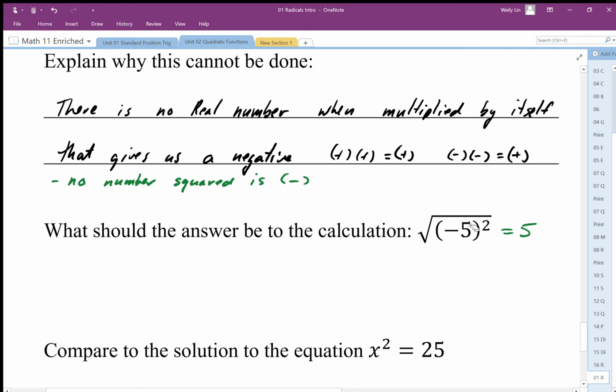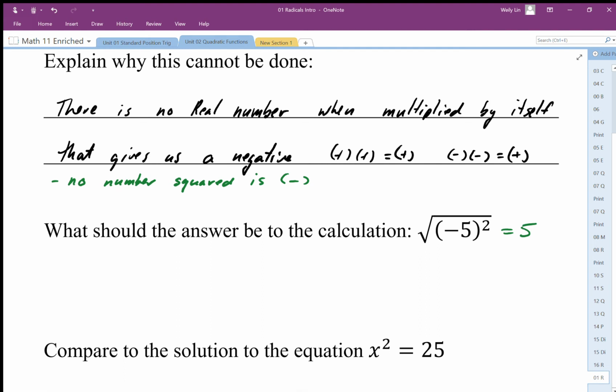Although we started with negative 5, the area was positive 25, which is perfectly fine. One thing to note is that the square root and squared didn't just undo itself and give us the original negative 5 that we started with.